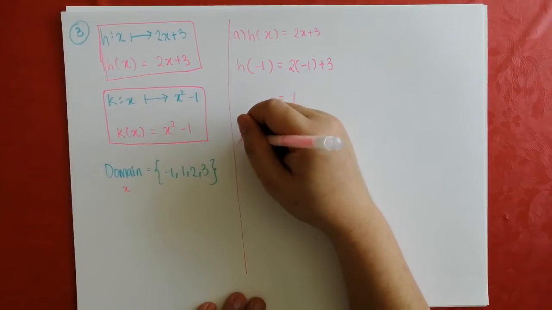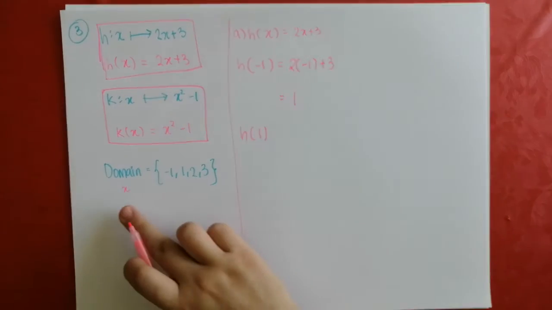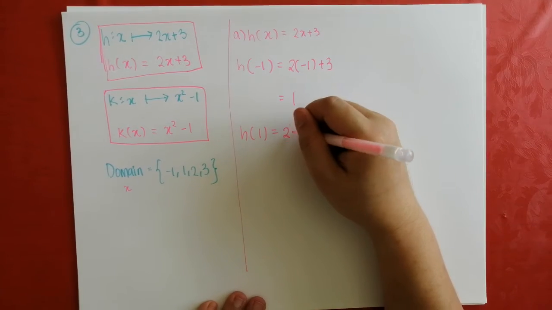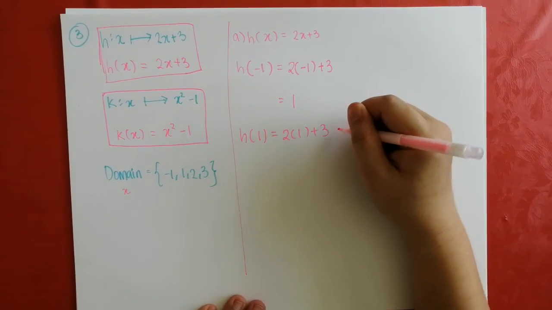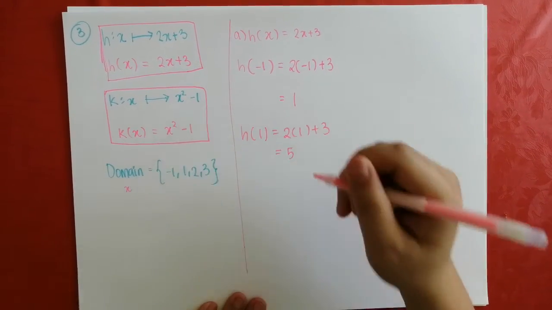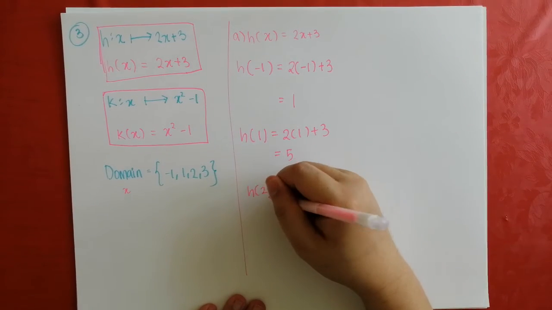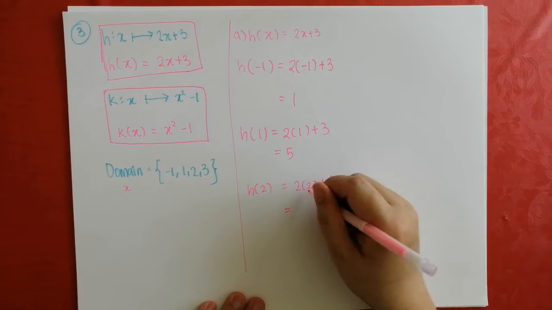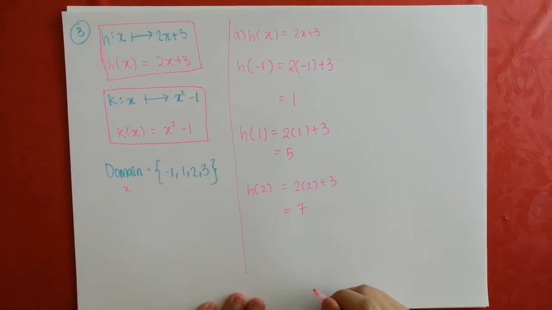Do the same thing for h of 1. So when x is equals to 1, we're finding h of 1, so you have 2 bracket 1 plus 3, which is 5. Then h of 2 will be 2 times 2 plus 3, which is 4 plus 3, that gives you 7.